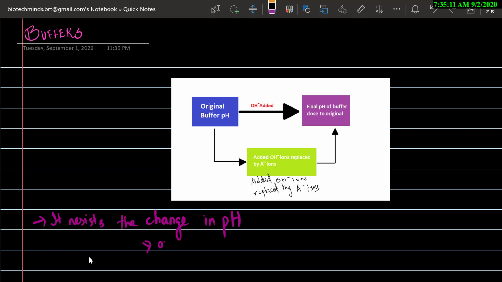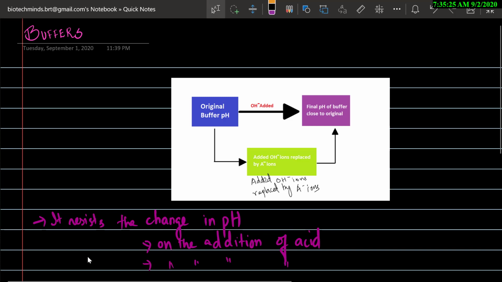Either on the addition of acid or on the addition of base.